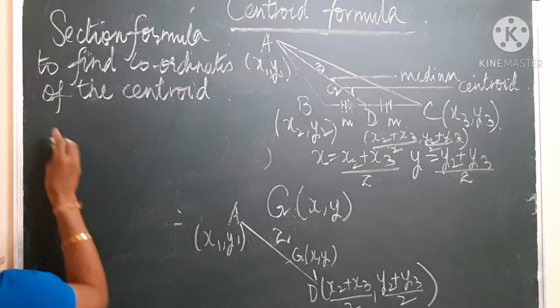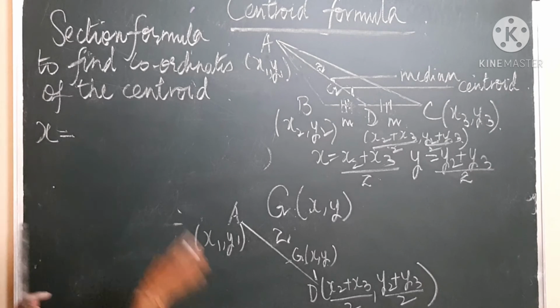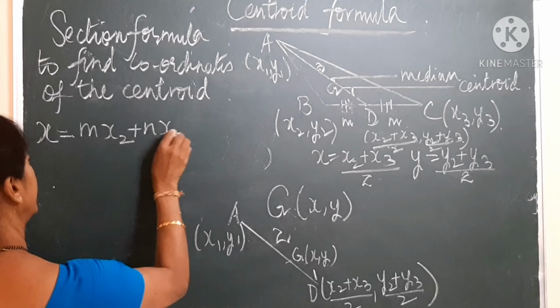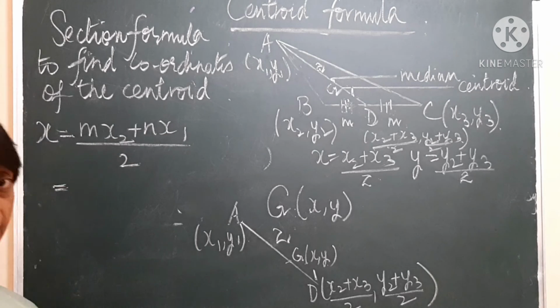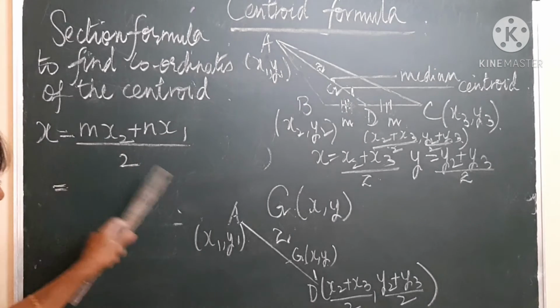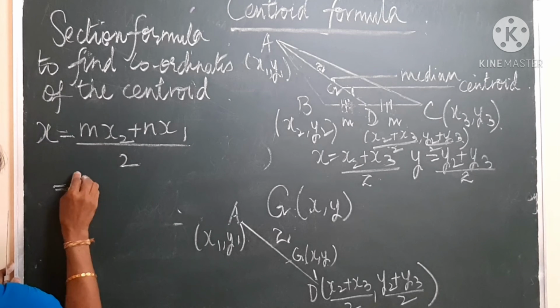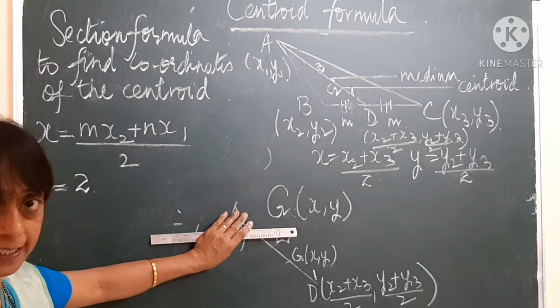So let's begin. X will be equal to, let's recall the formula, x is equal to (mx2 plus nx1) upon (m plus n), which is 2 here. Now we have to be careful when we are substituting. So m is 2 over here. x2, this you can take as x1, y1.